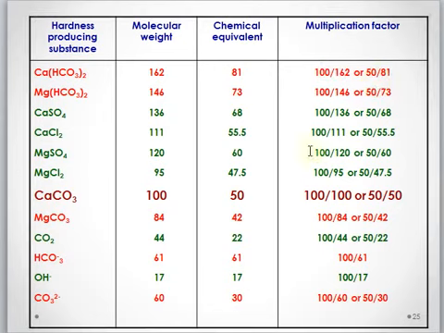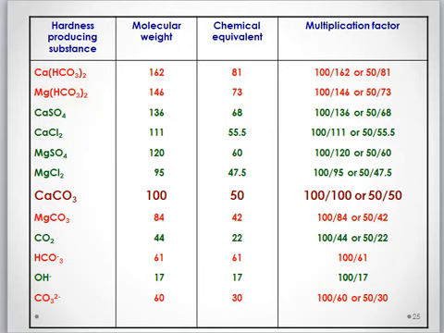So, this table gives you the multiplication factor for many such substances. For example, calcium bicarbonate, magnesium bicarbonate, calcium sulfate, calcium chloride, magnesium sulfate, magnesium chloride, calcium carbonate, magnesium carbonate. All these substances can be estimated by analyzing a sample of water.